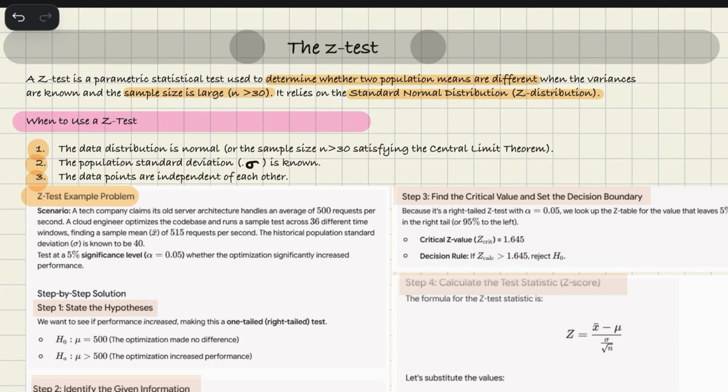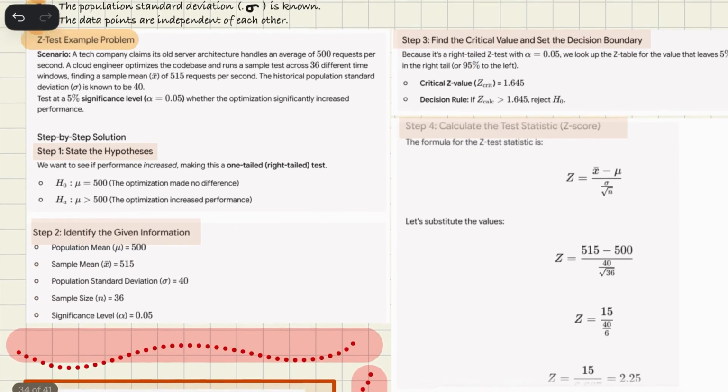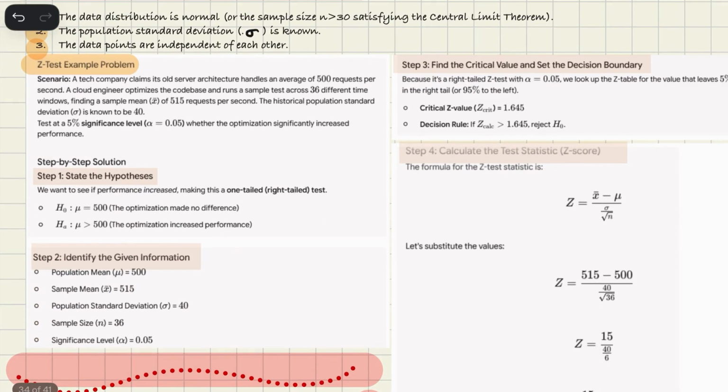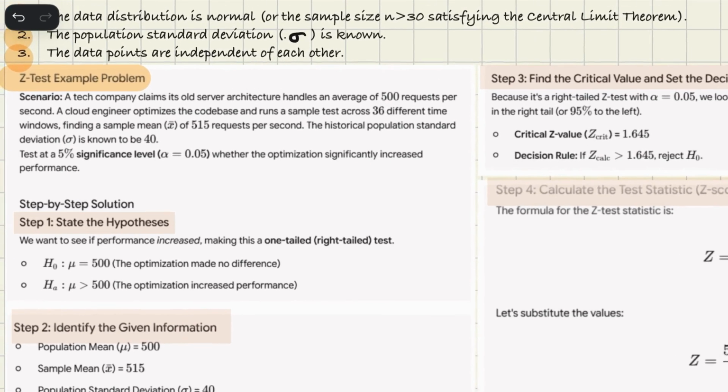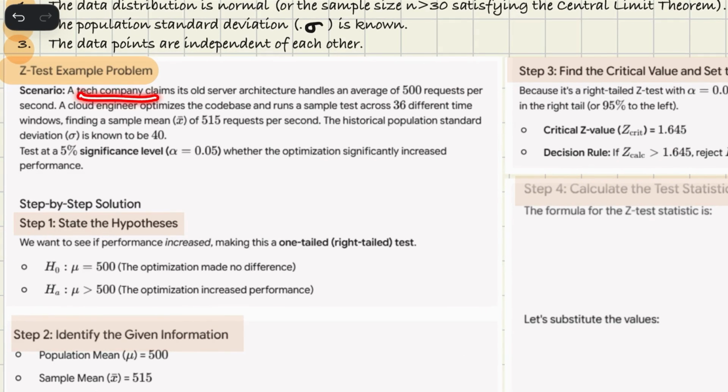Okay, so now we'll understand the z-test with a detailed example. So make sure you understand it from an exam point of view. It is very essential. Alright, so let's begin with our example. The question states that there is a tech company.